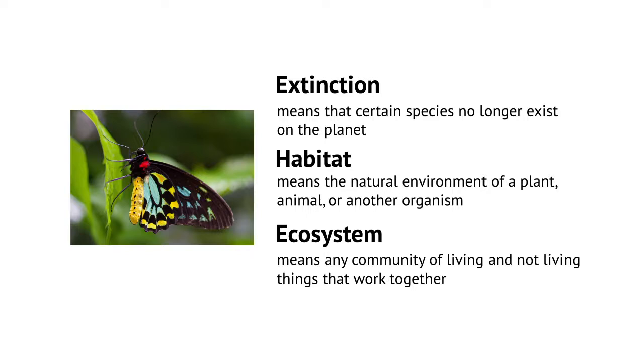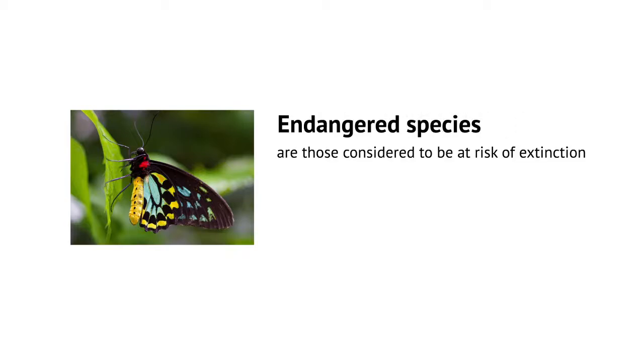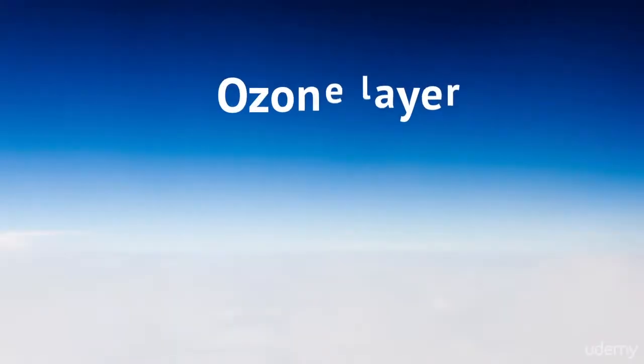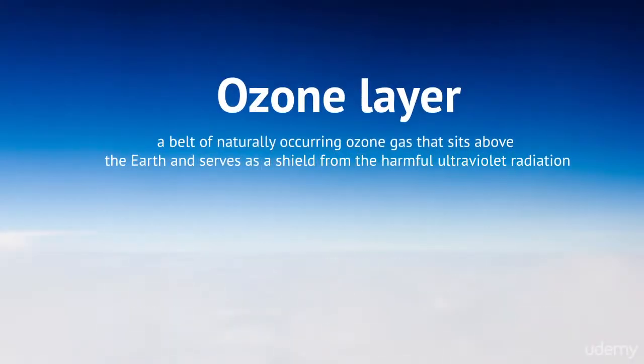Here are some other useful words and phrases. Endangered species are those considered to be at risk of extinction. Example: there are over 1,300 species in the United States that are listed as threatened or endangered. The ozone layer, a belt of naturally occurring ozone gas that sits above the Earth and serves as a shield from the harmful ultraviolet radiation.